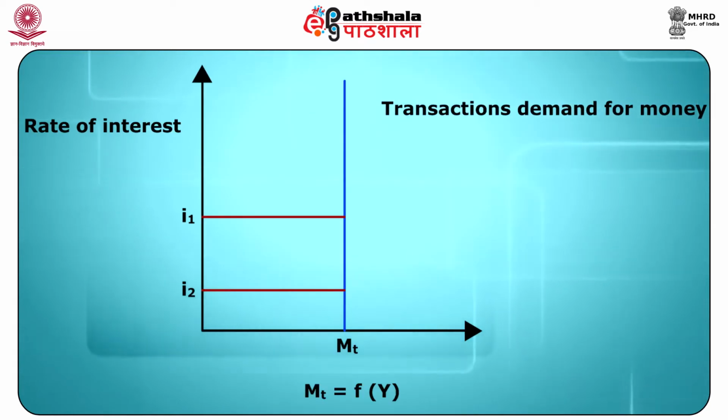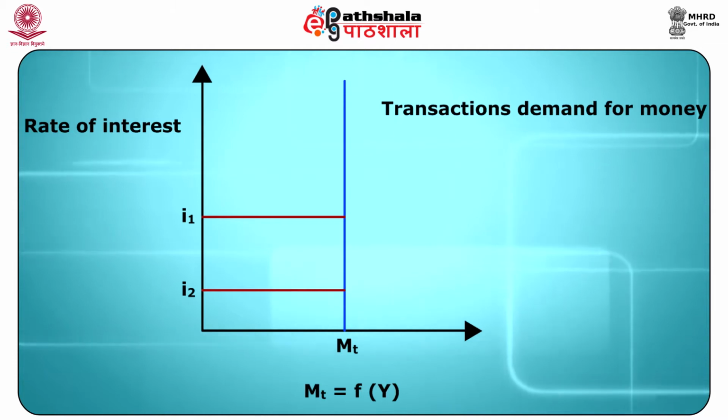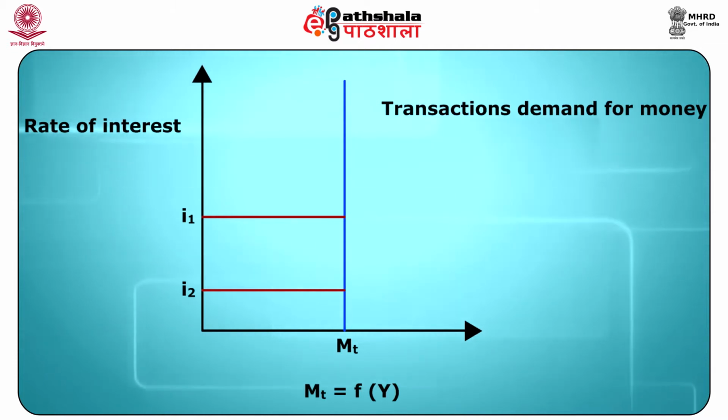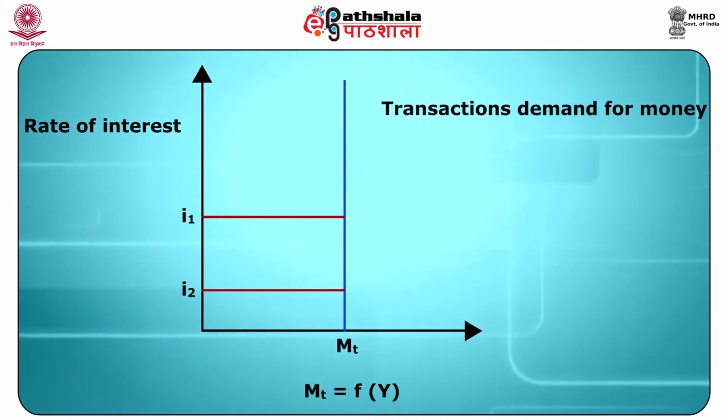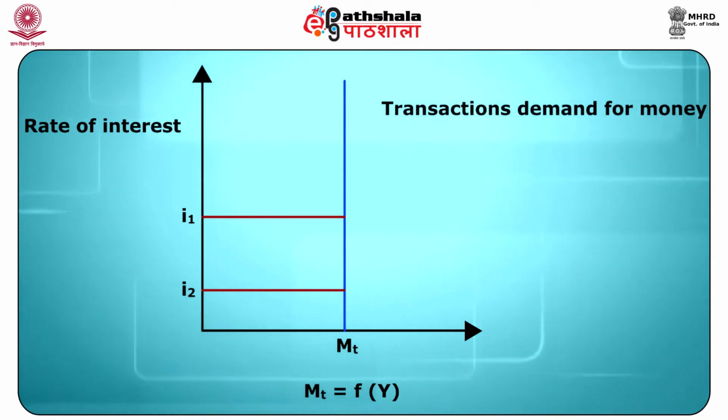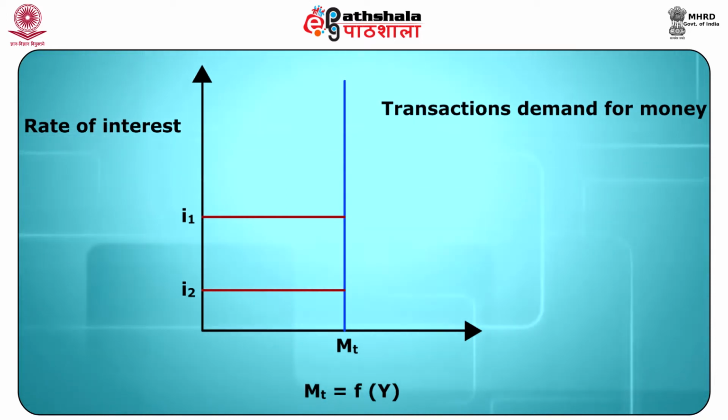The above function can be written as M is equal to KY, because in the short run the proportion of money income held for transaction purpose is constant. This kind of demand for money is interest inelastic, that is, the demand for money held for transaction purpose is not affected by the changes in the market interest rate, as shown in the figure.